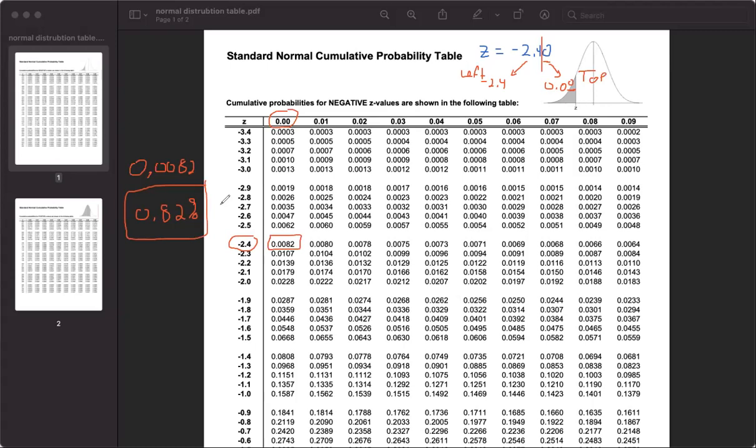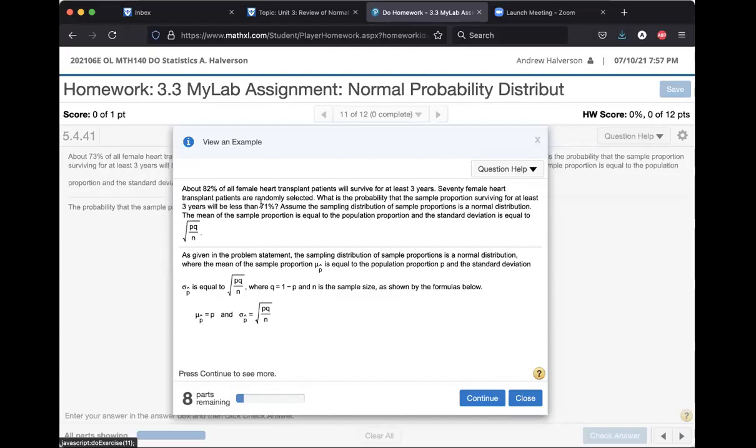Basically, what this was, let me go back to the problem. It was trying to get you to utilize the two formulas here: the idea that the mean of the samples is equal to the mean of the population, and also the formula for the standard deviation. It hasn't really been presented to you in this fashion, but this is actually an application of what we call the central limit theorem.